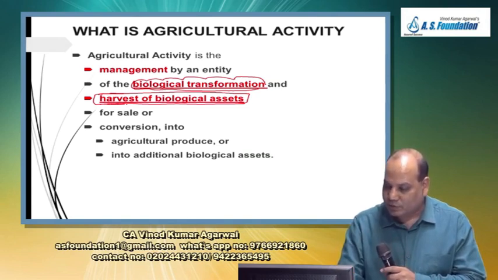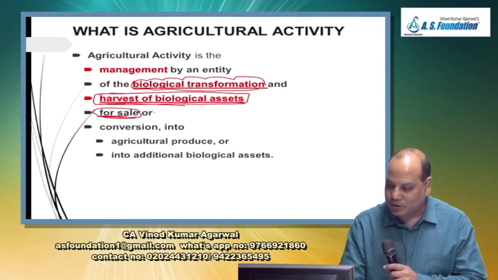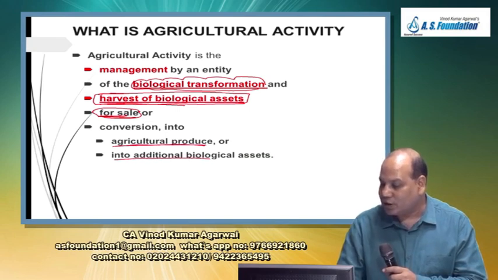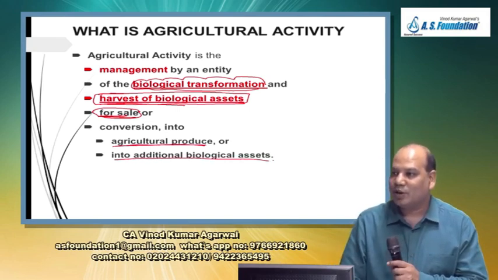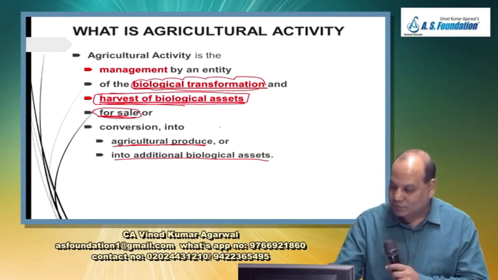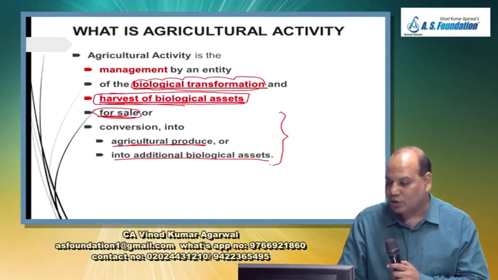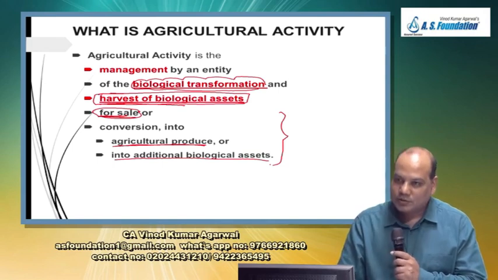And the purpose of harvesting would be for sale, like milk is sold, fruits are sold, vegetables are sold, or to convert into agricultural produce, or use it for generation of additional biological asset. One biological asset for generation of another biological asset. These are the purposes of harvesting: sale, conversion into agricultural produce, or into additional biological asset.